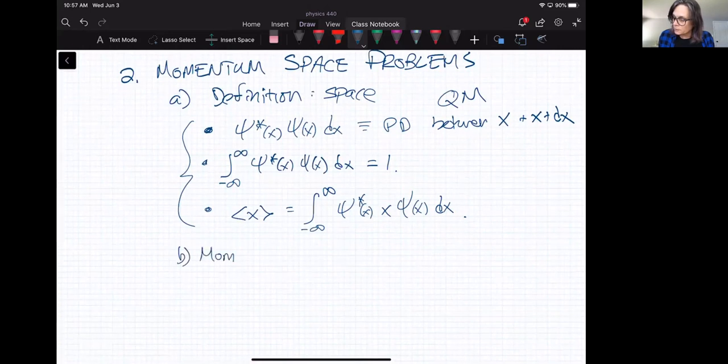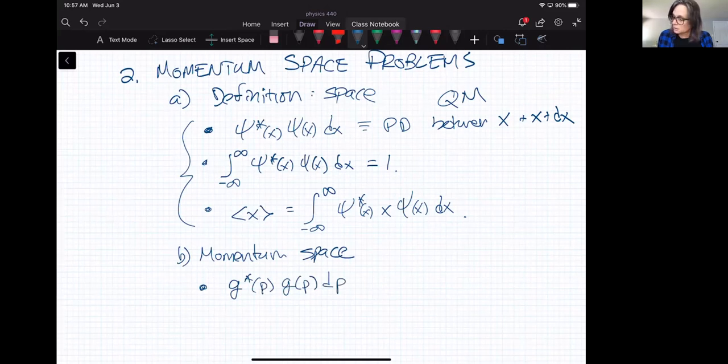You can do the same thing with momentum space. So here you have the same things, g star of p, g of p, dp is now the probability distribution for momentum between p and p plus dp.